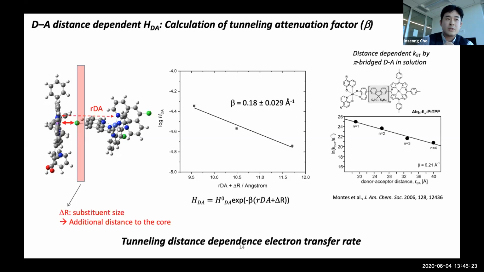So in our case, we concluded that the difference in electronic coupling is donor-acceptor distance dependent electron transfer. But it's not completely bridged by a molecule, but half bridged, because any substituent attached to the mediator side is connected through a sigma bond.